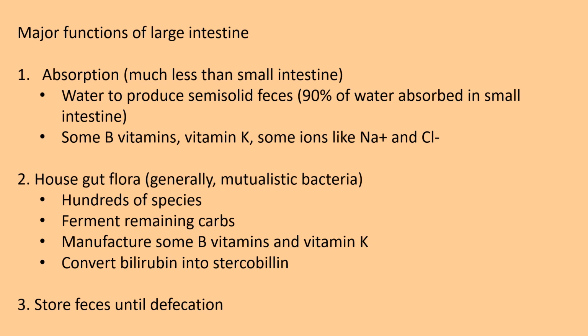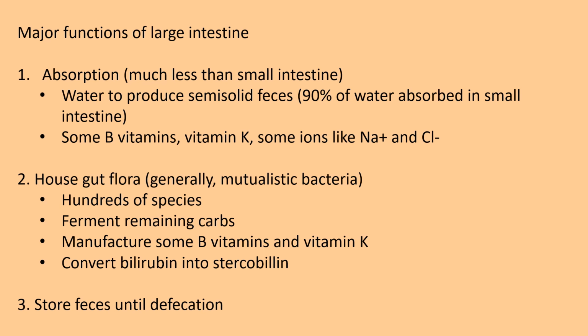These bacteria also convert bilirubin into stercobilin. And we talked about that in the cardiovascular system as part of hemoglobin recycling. And I hope you'll recall that bilirubin is a breakdown product of hemoglobin. And in the large intestine, bilirubin, which arrived there from bile, gets converted into stercobilin, and stercobilin is brown in color.